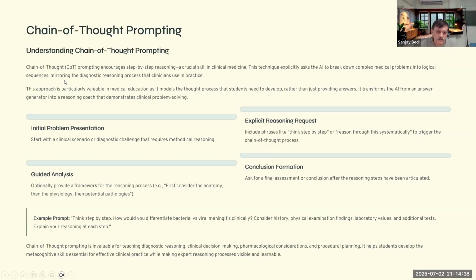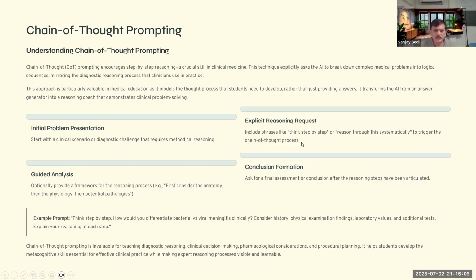So we'll start with the initial problem presentation: a clinical scenario or diagnostic challenge which requires methodical reasoning. This is the first step. Then give it a prompt that includes phrases like think step by step or reason thoroughly through this systematically to trigger the chain of thought process.